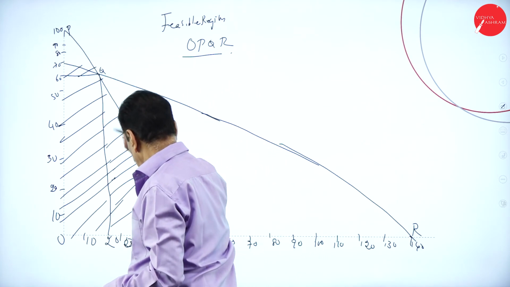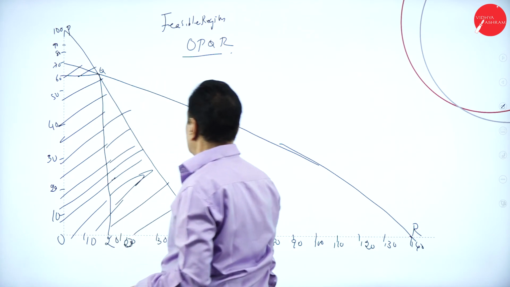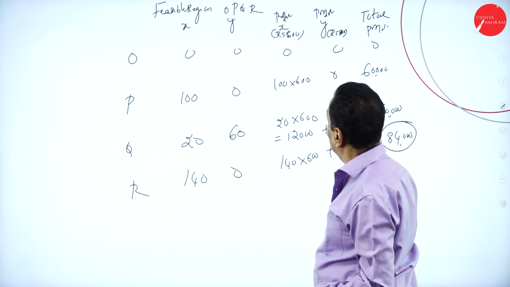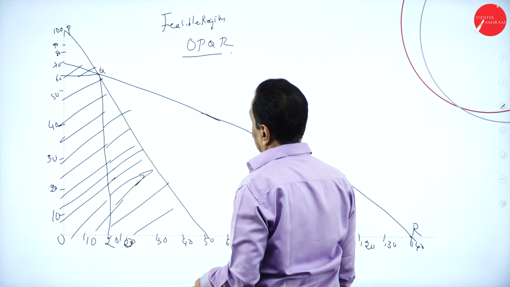Work out here: 20, 60. OPQR. Here X axis 140.